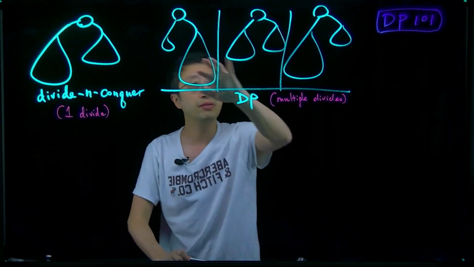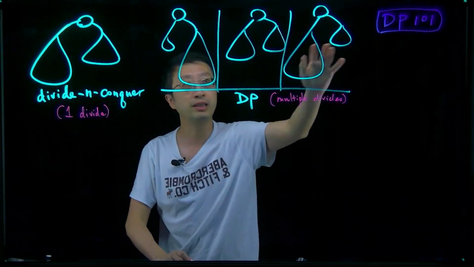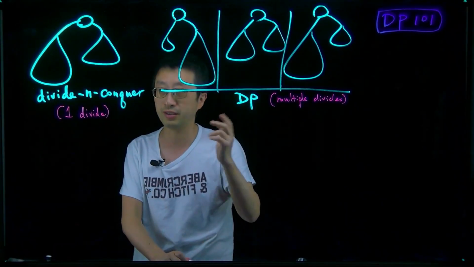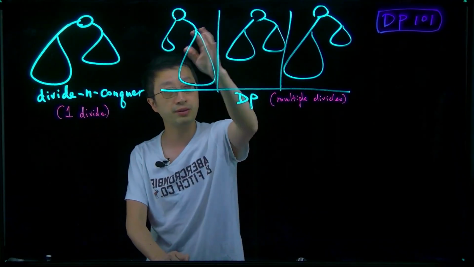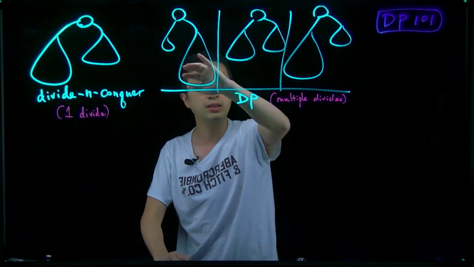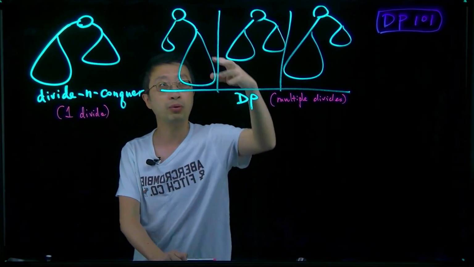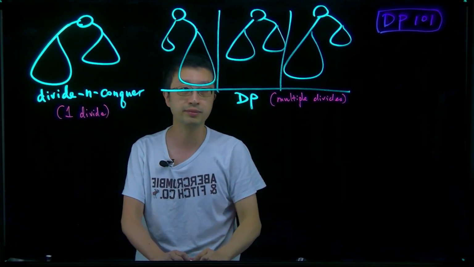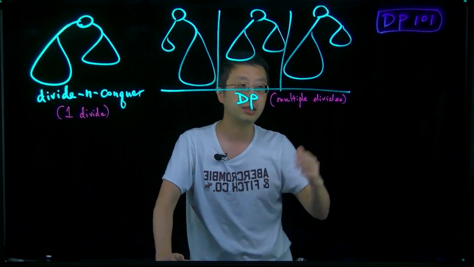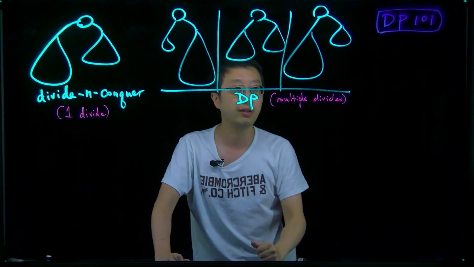And then I have to unify or summarize between the 3 solutions. That's another operation that is not found in divide and conquer. I have to compare across 3 different solutions and report to my parent the best solution or the total solution or whatever. So that's why DP is one step beyond divide and conquer.